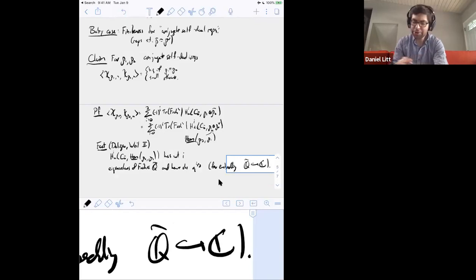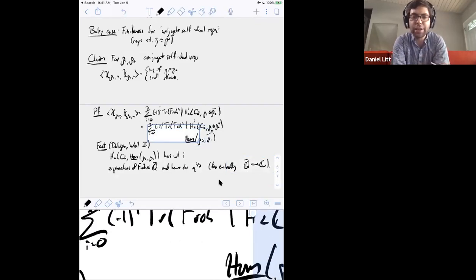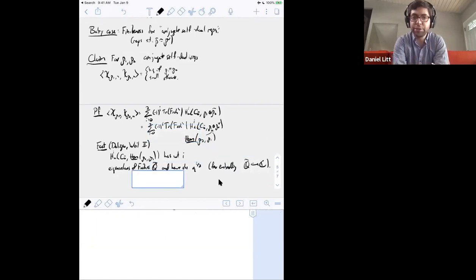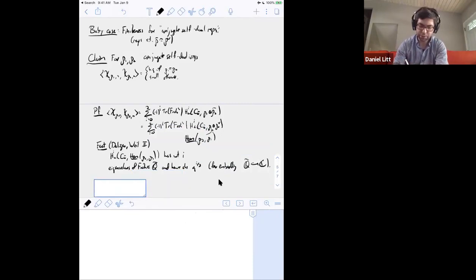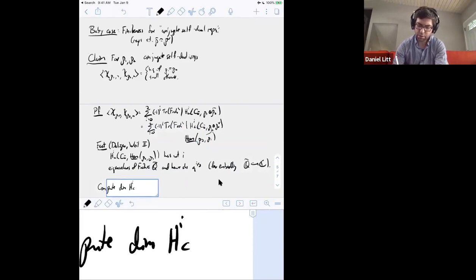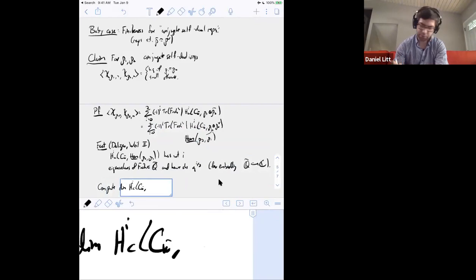Okay, so now we have this sum of traces and we know something about the eigenvalues that show up. So how can we understand the sum? Well, the trace is going to be bounded in terms of the size of the eigenvalues times the number of eigenvalues, namely the dimension. So let's compute the dimension of H^i with compact support of C_K-bar with coefficients in this Hom from rho_2 into rho_1.